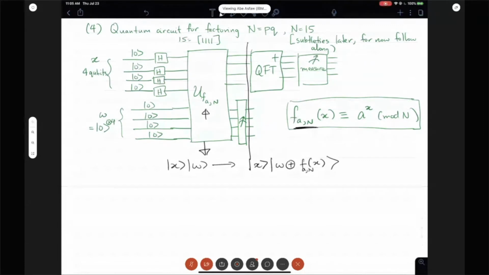So these ones remain X, and these ones are encoding W XOR F of X.